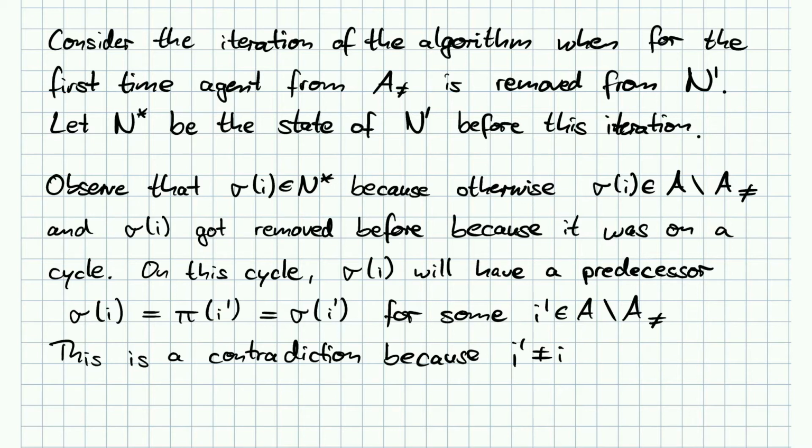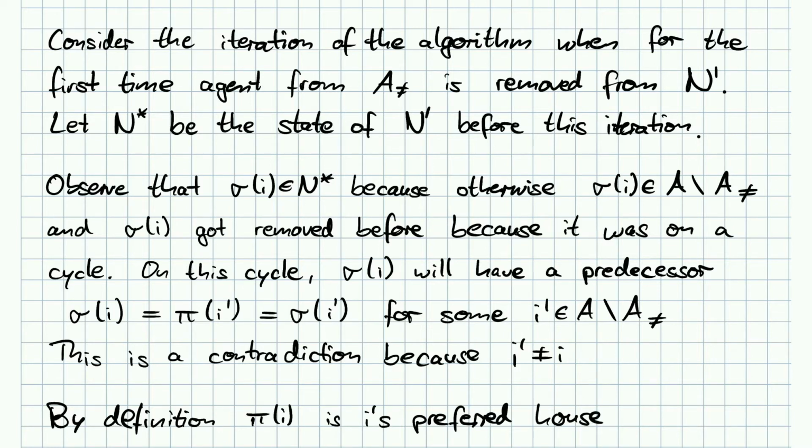And now we've seen that sigma of I is in n star, and by definition pi of I is I's preferred house in n star.